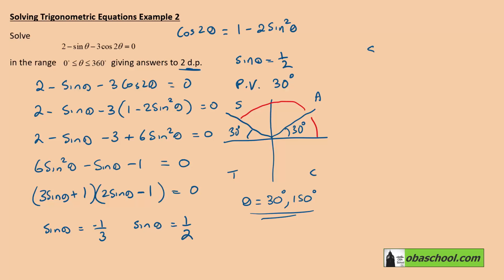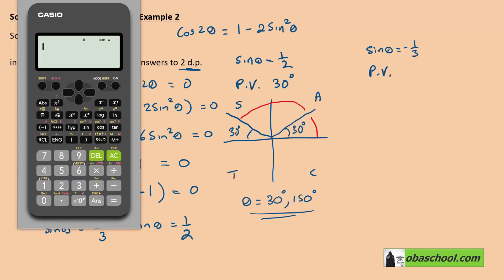Now, with sine theta is negative 1/3, we're going to need to use the calculator to get the principal value. So, making sure my calculator's in degree mode, which it is, I'm going to do inverse sine of negative 1/3.